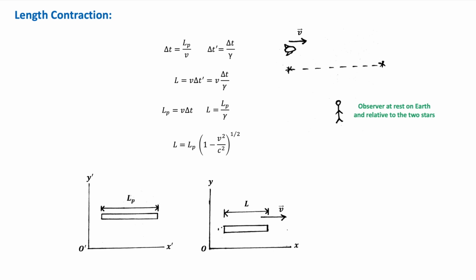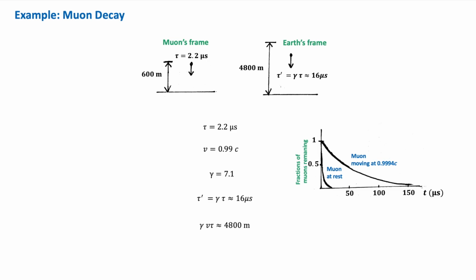And note here that proper length and proper time are measured in different reference frames. And as an example, let's go back to the muon decay example here, okay? So an observer in the muon's frame would measure the proper lifetime, while an observer on Earth would measure the proper distance traveled by the muons before they decay.